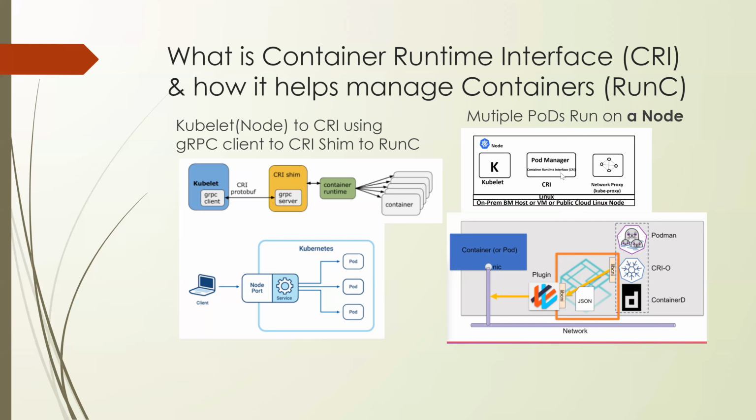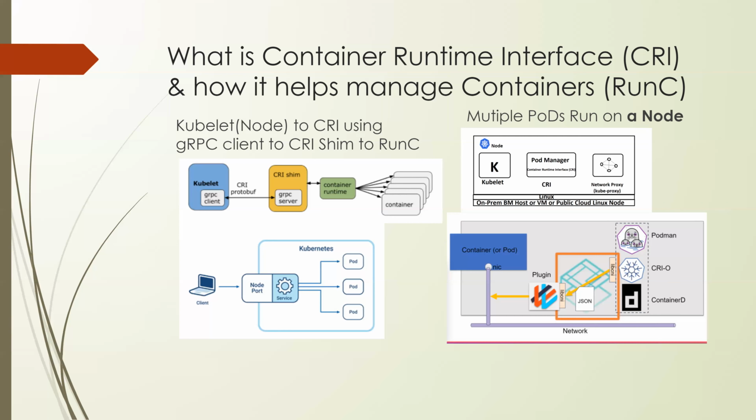container runtime interface. If you come to the left side here, you can see a kubelet, which has a gRPC client. gRPC is a powerful RPC which is based on protocol buffers. So the gRPC client running on a kubelet talks to a gRPC server.